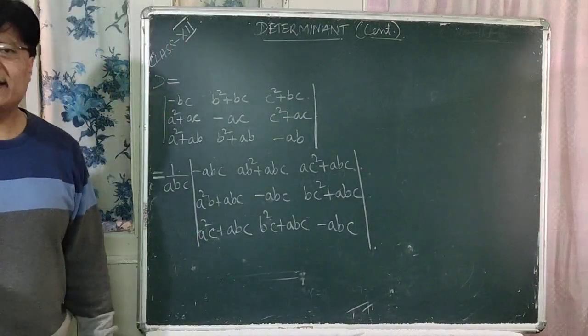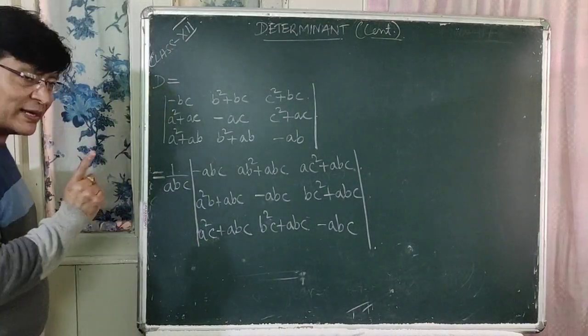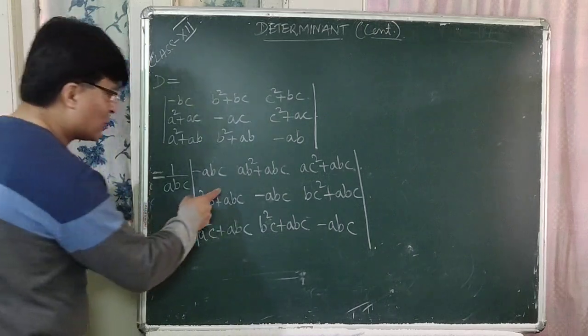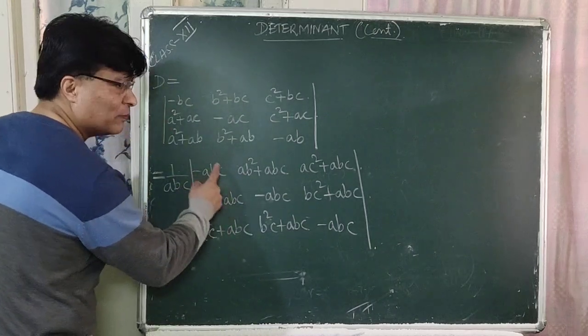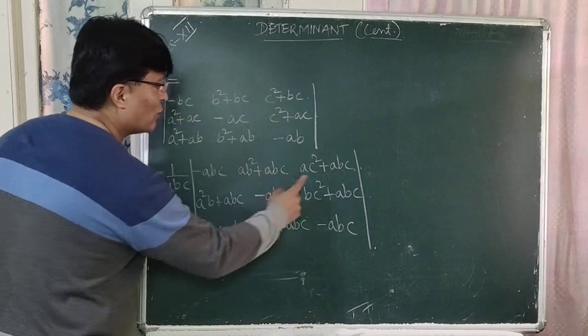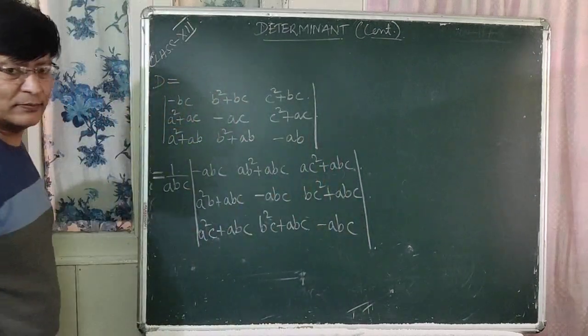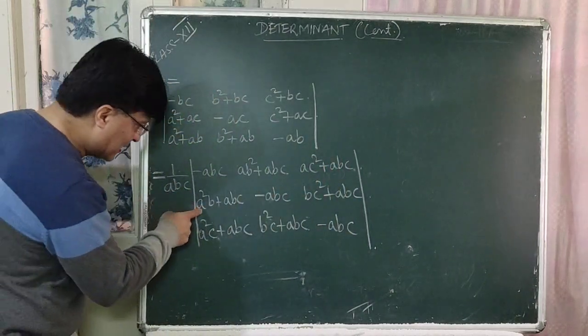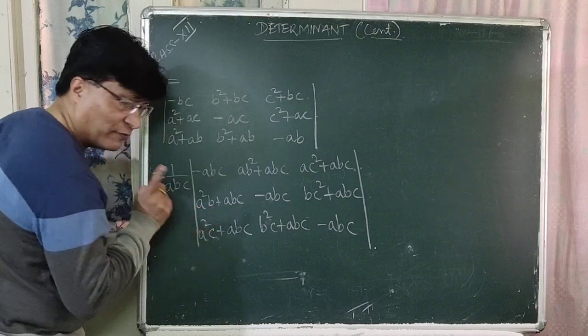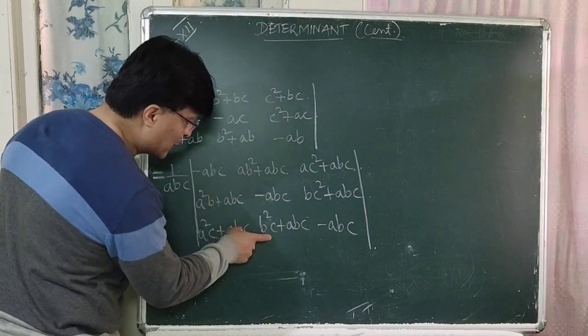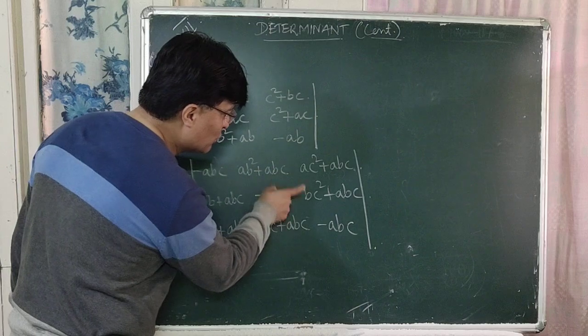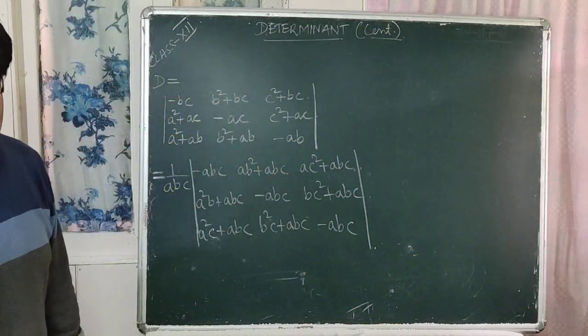So now, what will you do in the next step? Again, you have to take common A from the first column, B from the second column, and C from the third column. Okay? Let us take A common here, here also A common first. From here you should take B common. From these two you should take C as common.